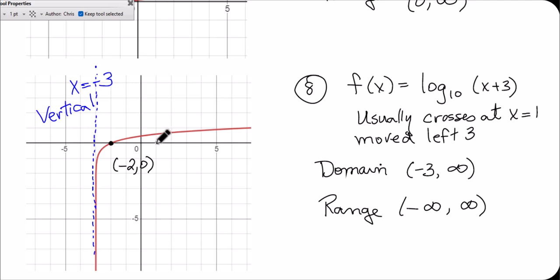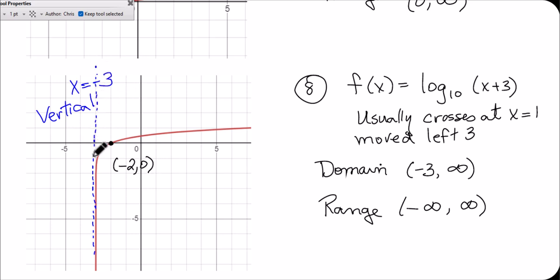In this case, though, there is a shift. So x plus 3 equals 0, and I get x equals minus 3. So if it normally crossed at 1, and if I go left by 3, it would now be crossing at minus 2, 0.